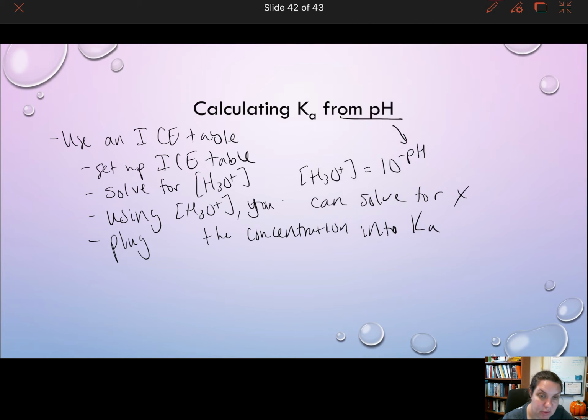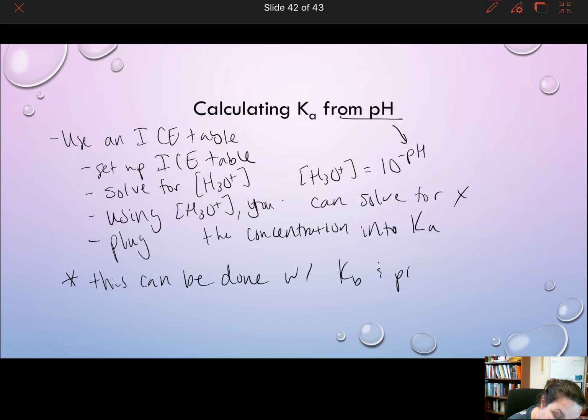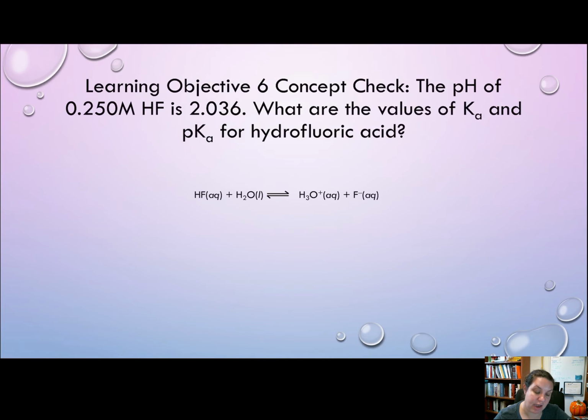So, as a note, this can be done with Kb and pOH as well. Let's try an example. So we've got HF, which has a concentration of 0.250 and a pH of 2.036. We want to solve for Ka and pKa.